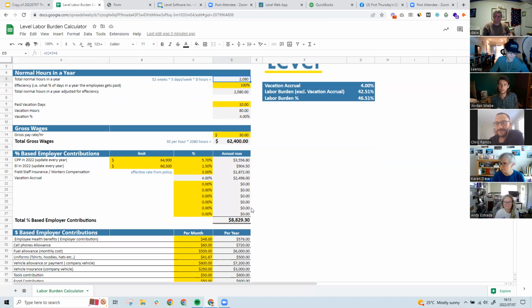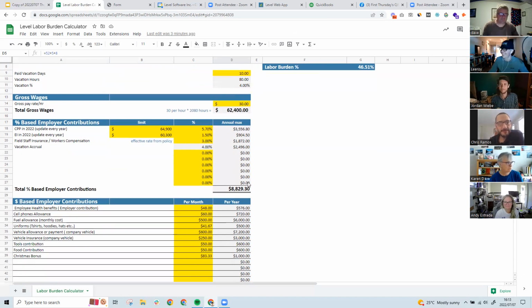One thing. Someone mentioned bonus. Where would that go in on this? On the employer contribution for a bonus down in there? Yeah. If it's a fixed bonus, if you know it's a fixed bonus, then you can add it there. But if you pay a bonus out based on a percentage, you can also add it there. But again, this percentage is based on their gross wages.